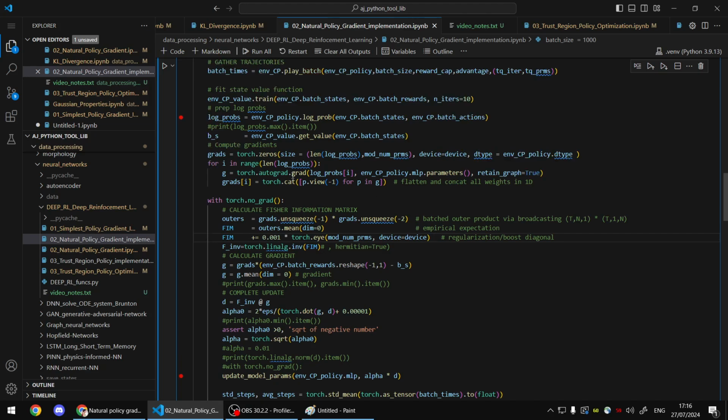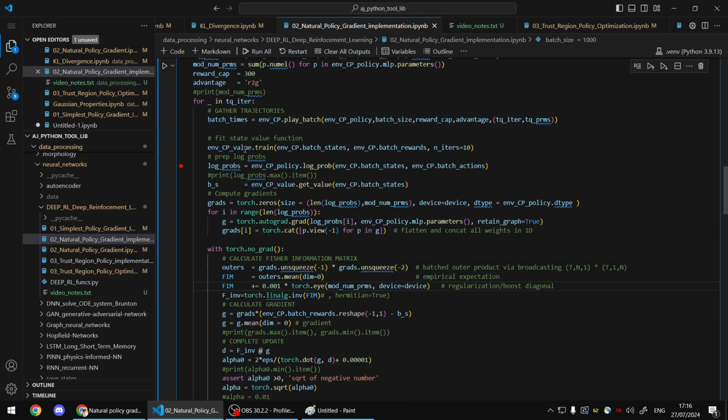And implementation, maybe everything is somewhat basic. Question is, how do you take gradients? In PyTorch, you can take gradients only of a scalar function. And then you have your trajectory of log probabilities, and you actually have to loop through them.